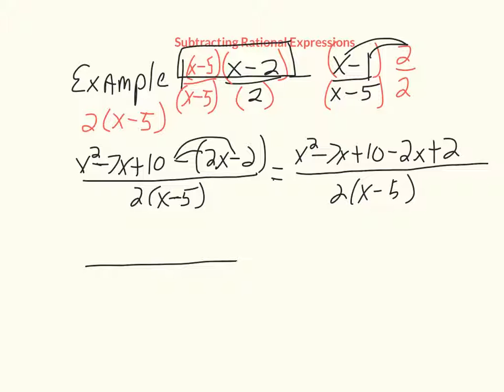Leaving me 2 times x minus 5 in my denominator, and now my numerator takes on this look of x squared minus 9x plus 12.